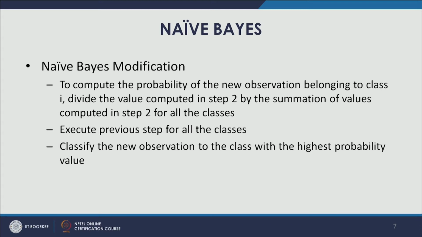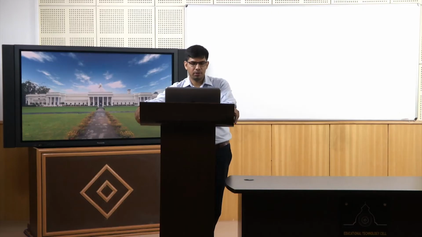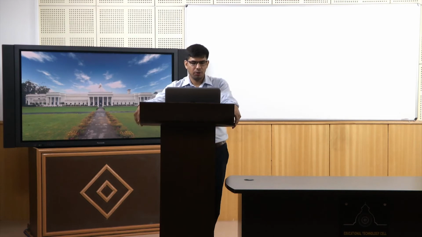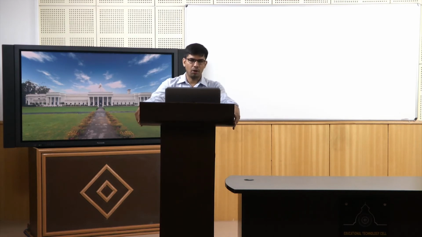That will give us the probability of the new observation belonging to class I. Now, in the next step we will execute what we have done for class I for the remaining classes of the outcome variable.